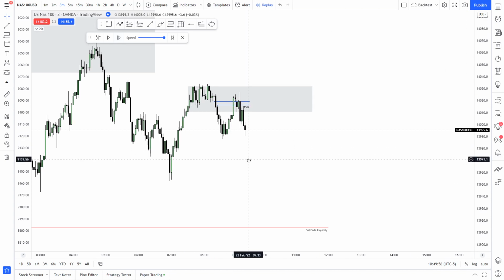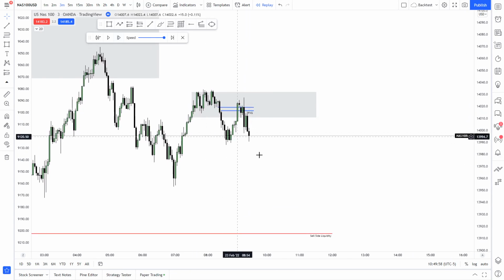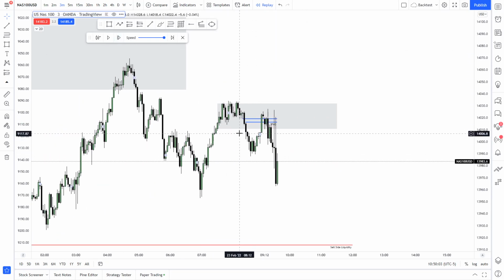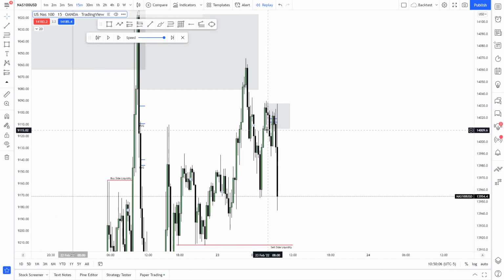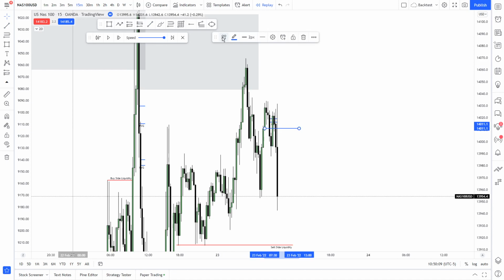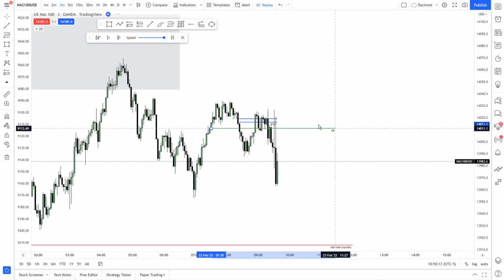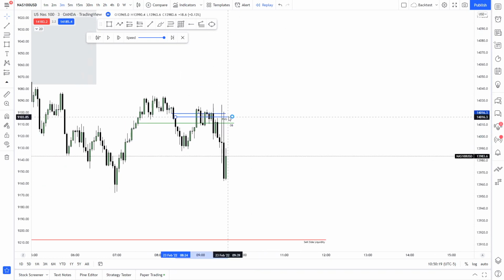Let me just make this a bit cleaner. 15-minute order block. Let's go to 3-minute and look for entry.